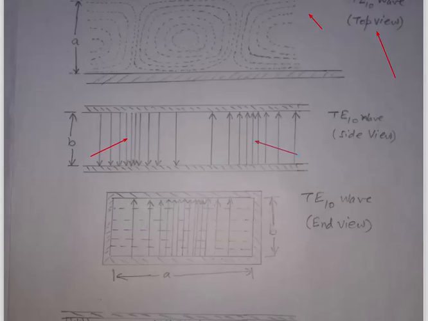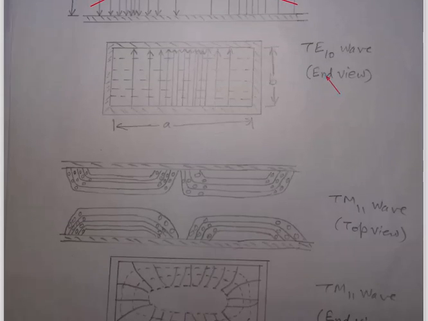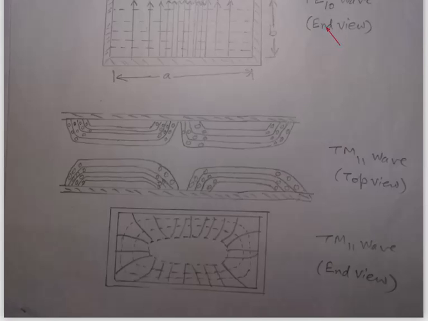Similarly, the third figure shows the end view, in which A and B are the wider and the shorter dimensions. The electric lines of force are shown by solid arrow marked lines, while the horizontal dotted lines show the magnetic field lines. Similarly, for the TM11 wave, the top view and the end views were also shown in the figures.